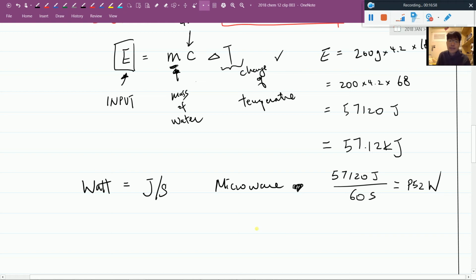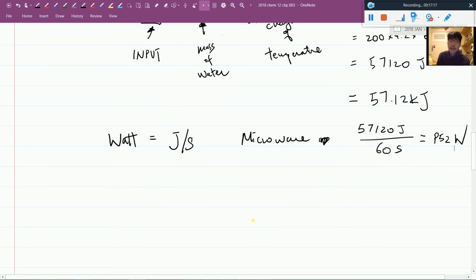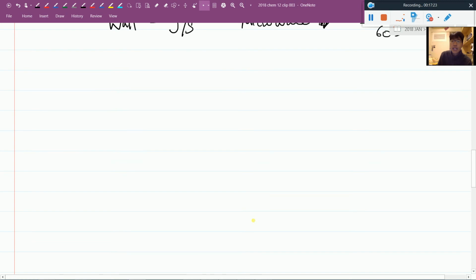The energy output may not be what it claims, right? So I hope it makes sense to you so far with the heat capacity of water. It's a simple calculation, and you can try it at home for your microwave. As I say, there will be lots of calculation today.